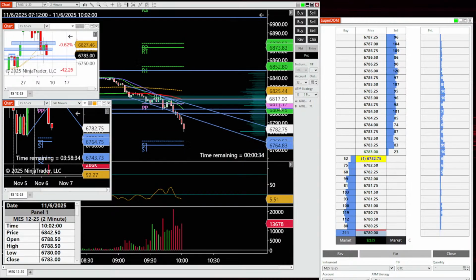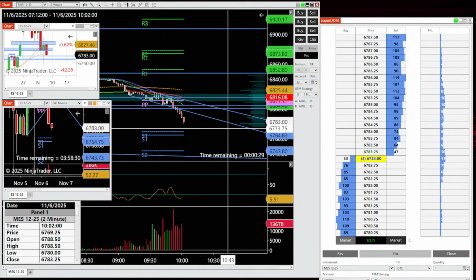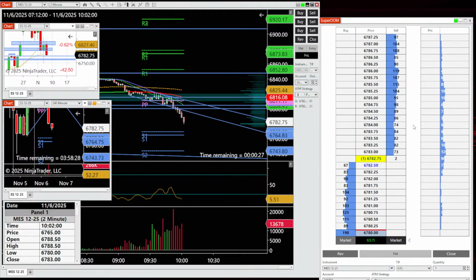70 is the next S1. This is the target, 70. I wonder if we're not going to get a pullback. Going to get some shake here.